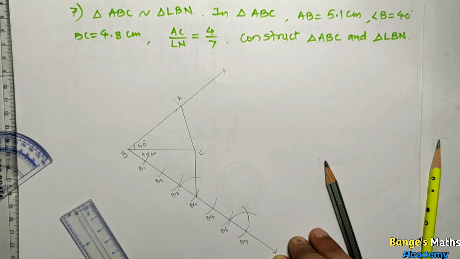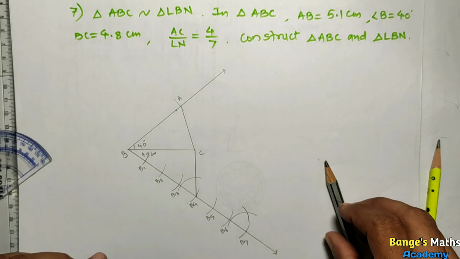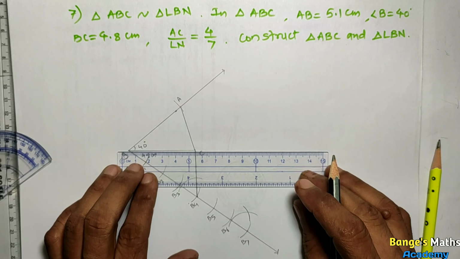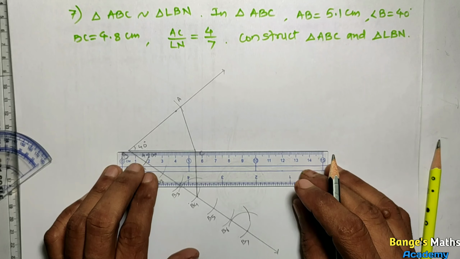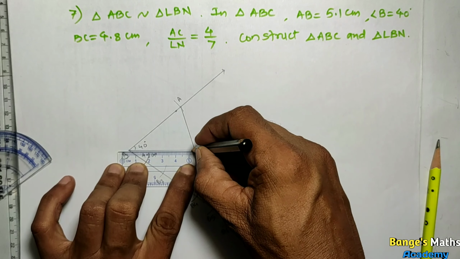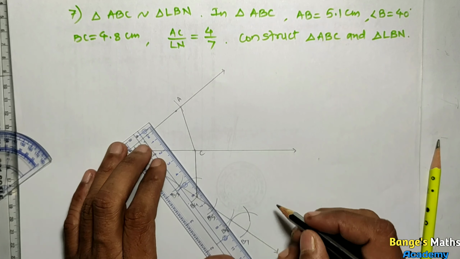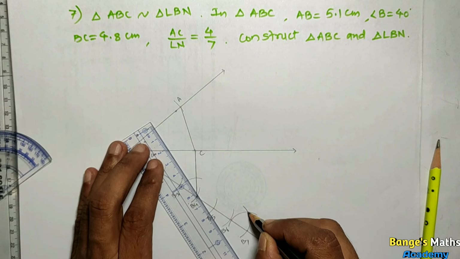So first of all, extend BC to right side. Then join B7 and this point.